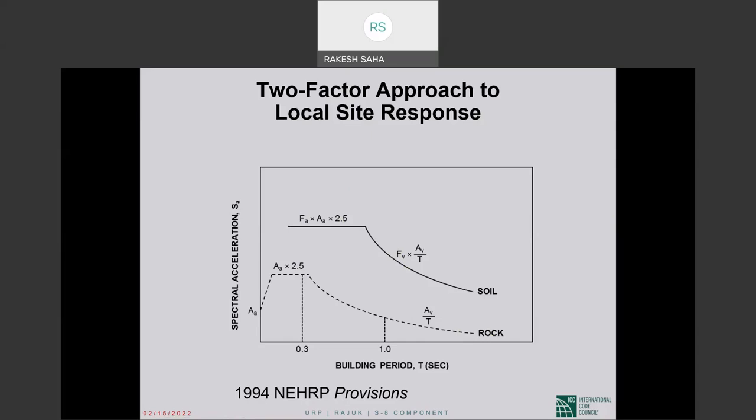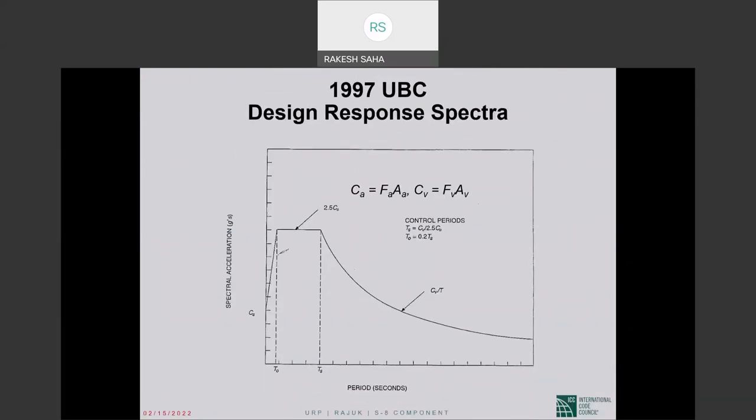So this was the introduction of the two-part approach to local site response. This was a very major change, okay? The 94 NERP provisions.